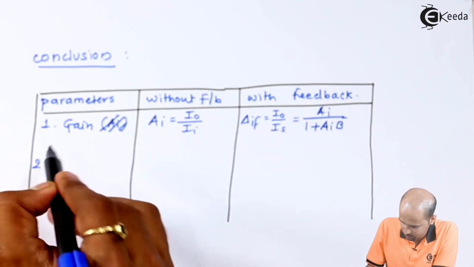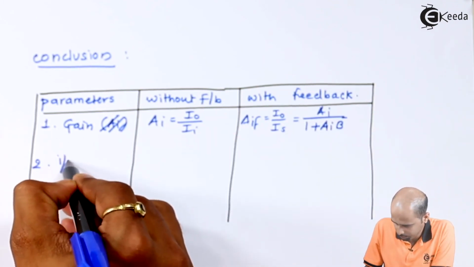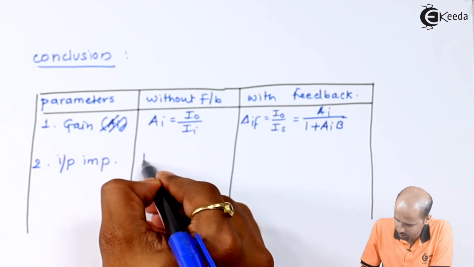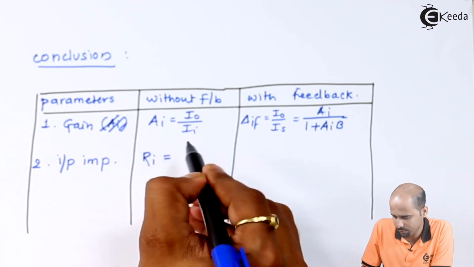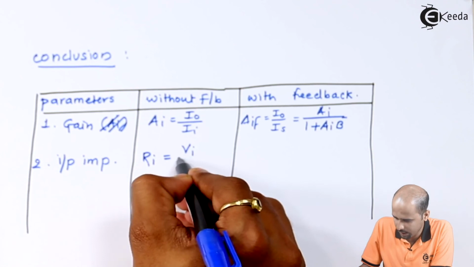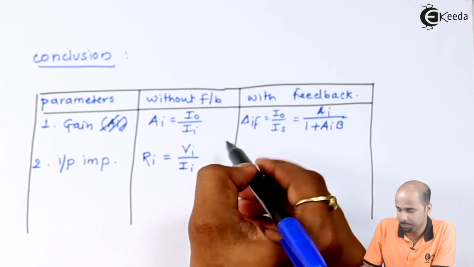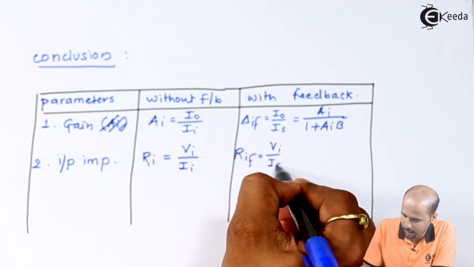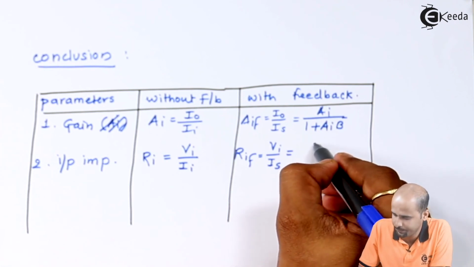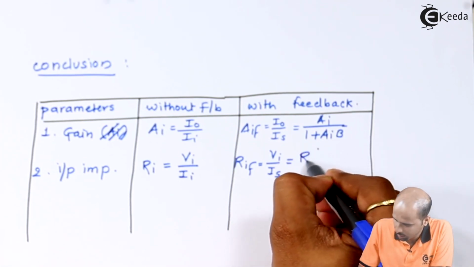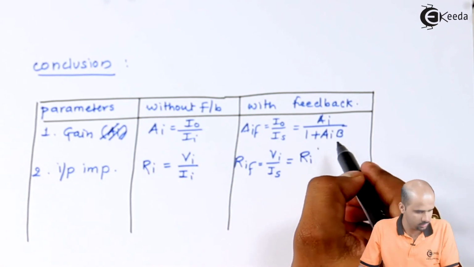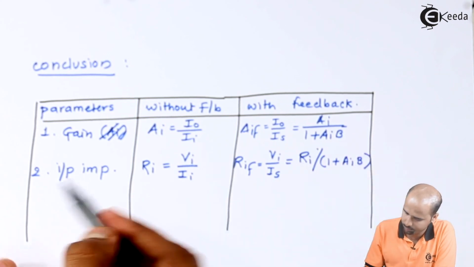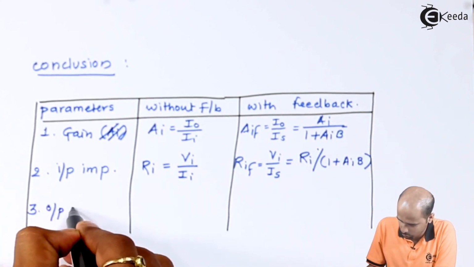Second thing that we'll be getting is input impedance. Input impedance Ri is nothing but Vi divided by Ii, but input impedance with feedback becomes Rif as Vi divided by Is, and that is nothing but Ri divided by 1 plus Ai into B. Third thing that we have got is output impedance.